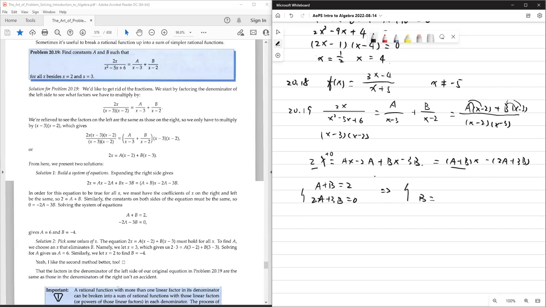It tells me b equals -4, and a equals 6. When you add the two, you have 2, and when you do twice a, this is 12, this is negative 12, it gets 0. So a equals 6, b equals negative 4. And this is how you solve this equation.